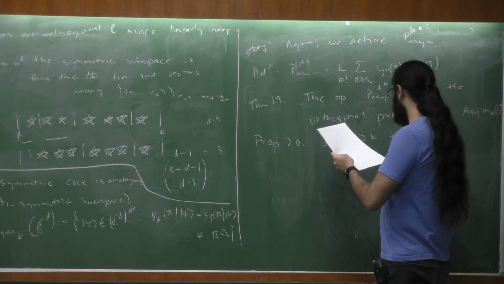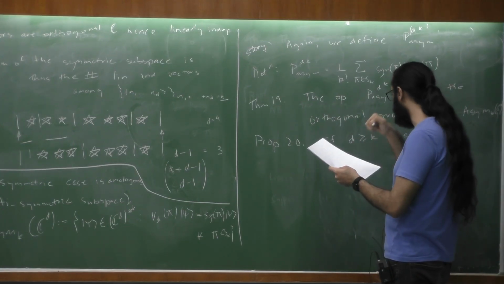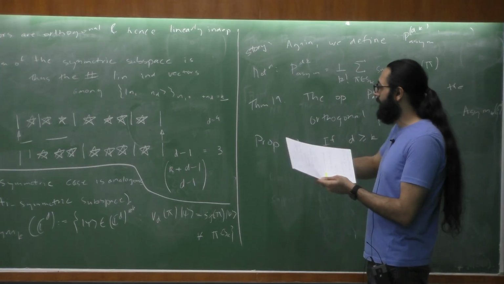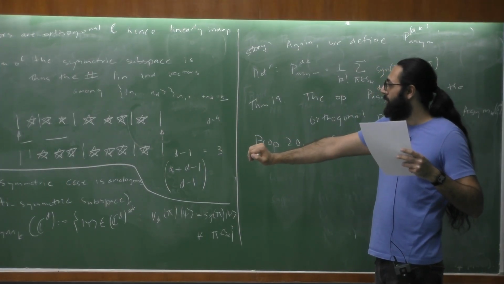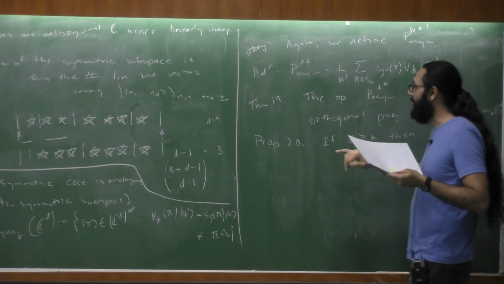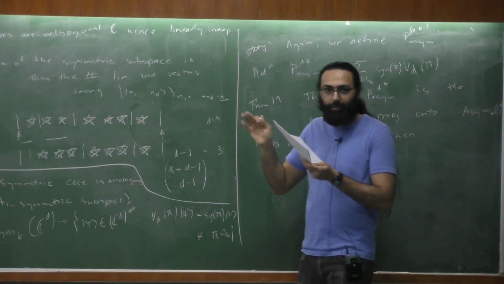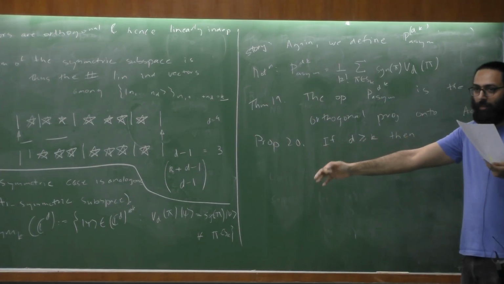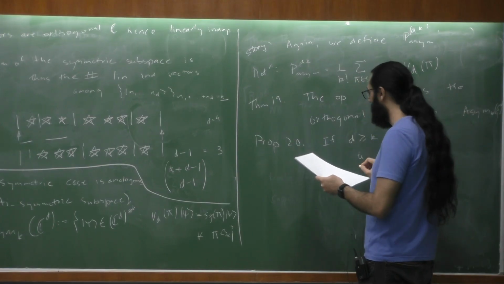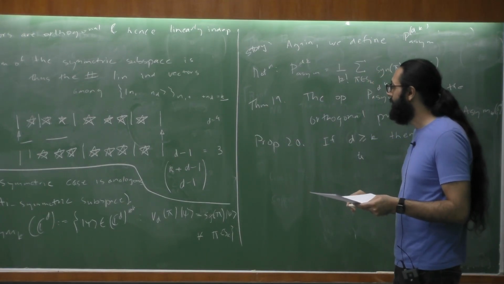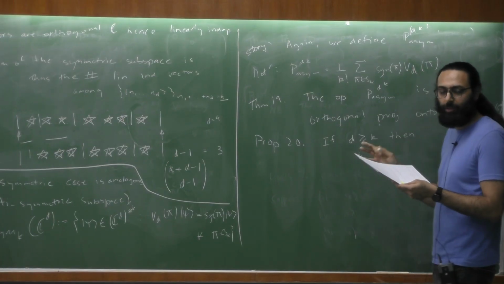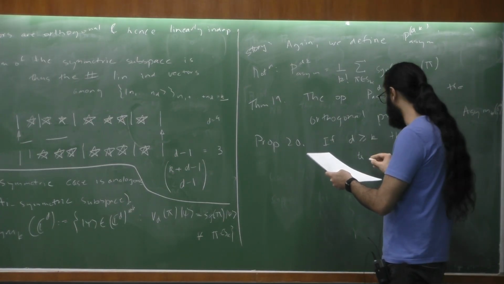So if D is greater than K, so D is the number of copies, right, and K is denoting how many particles intuitively, right. So if you have enough space and fewer particles, then the state will survive. K was the number of copies. Yeah. So K is the total number of particles in a sense, right, because it's symmetrizing or anti-symmetrizing overall.